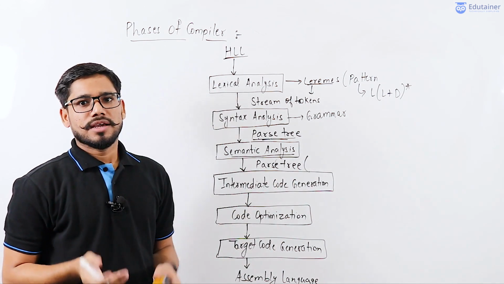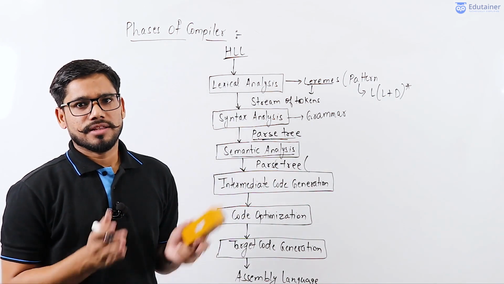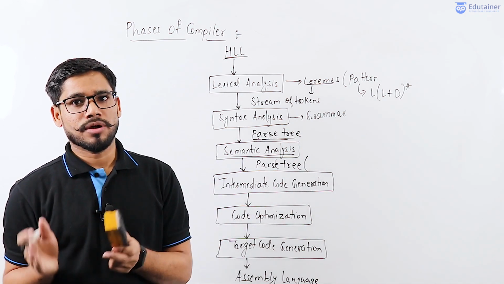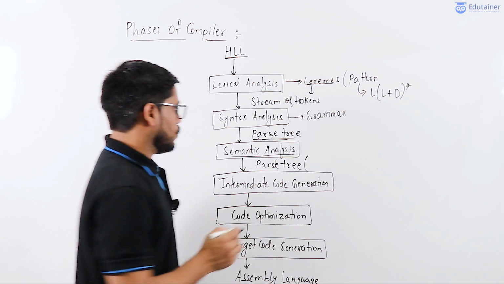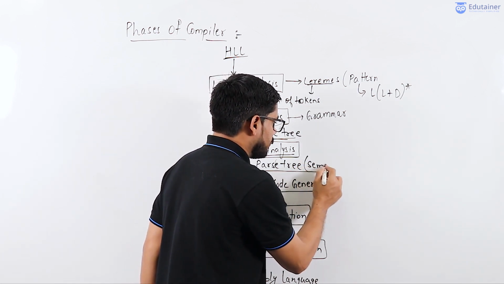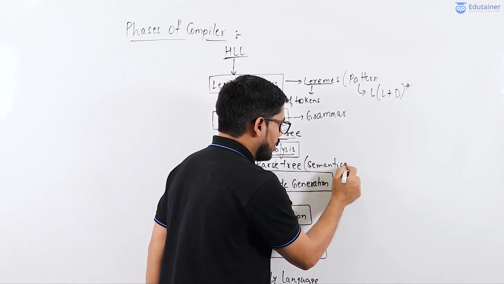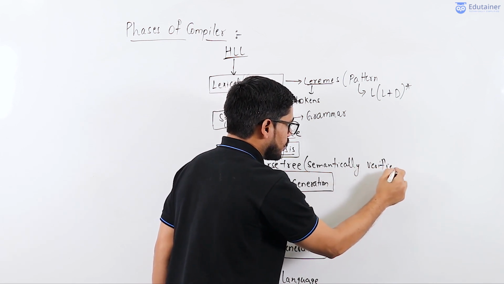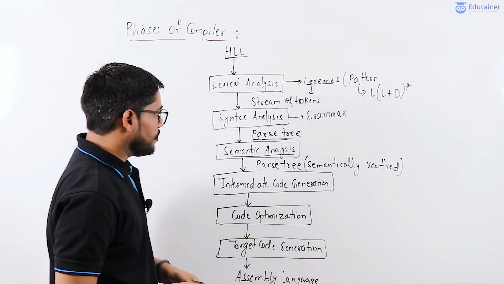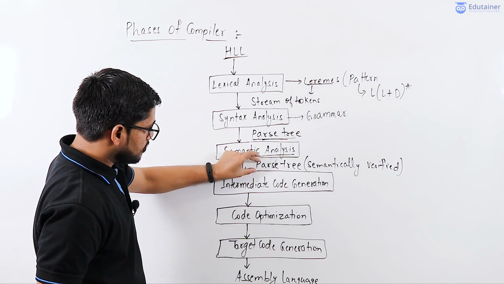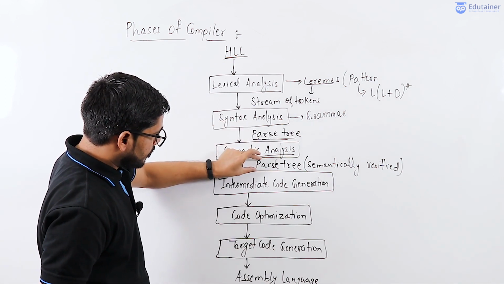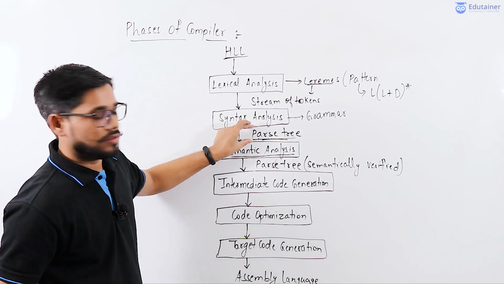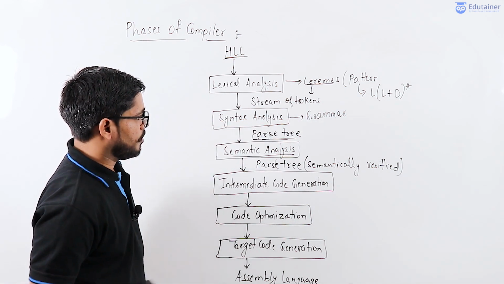Semantically verified means it is meaningfully verified that the particular parse tree has some meaning to generate the particular language. Okay. So the difference between this parse tree and this parse tree is that this one is semantically verified, meaning meaningfully verified, but this parse tree is not meaningfully verified.